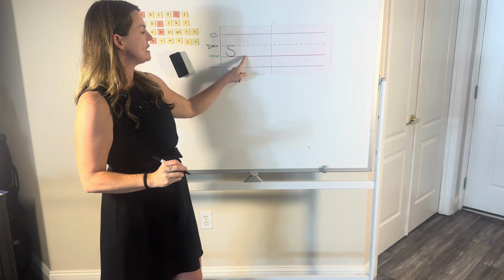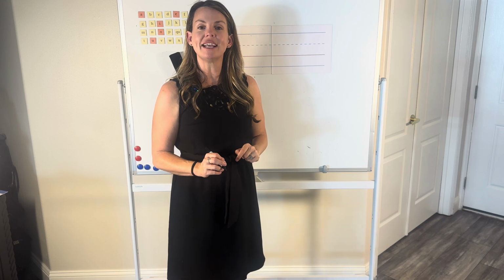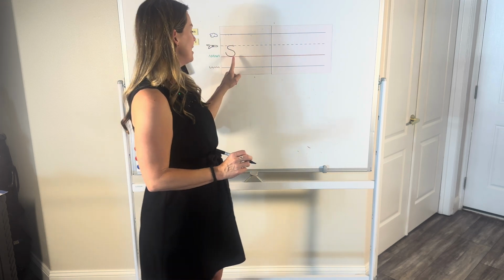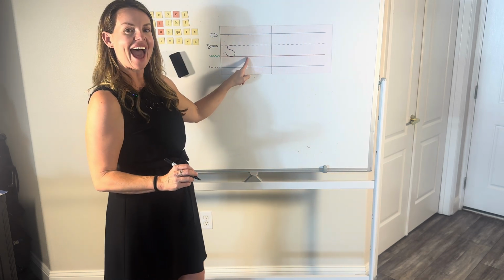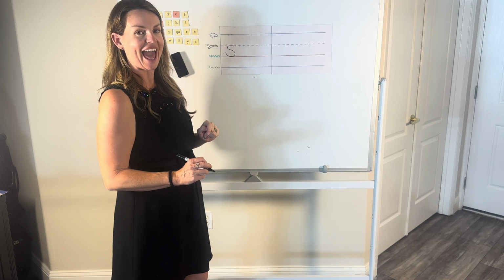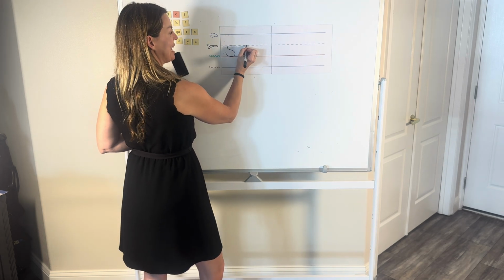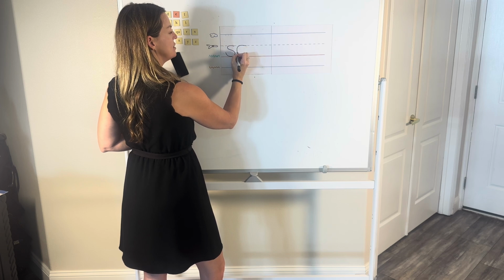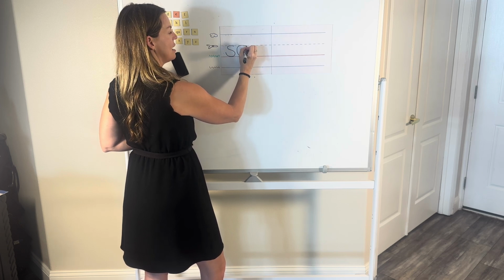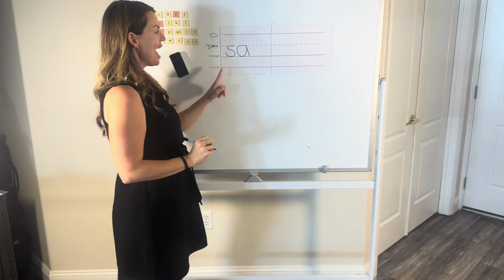What is the middle sound that we hear in the word sad? A. What letter spells A? A starts on the plain line. It curves around and comes down.